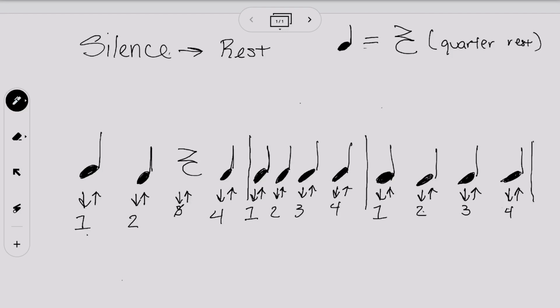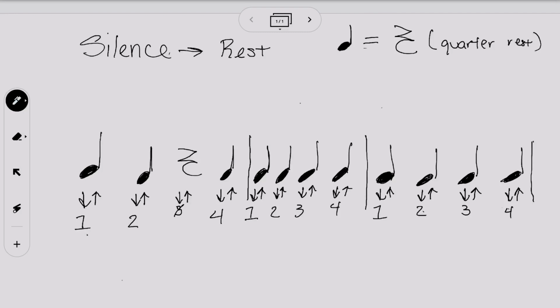So, is there anyone that thinks they can count this measure? I certainly hope that you guys would. So, for now, we're going to count this together. Here we go. Down, up, ready, go. 1, 2, 4. 1, 2, 3, 4. 1, 2, 3, 4.